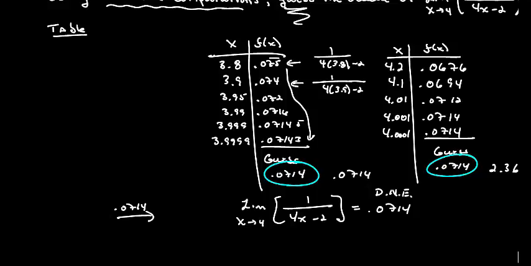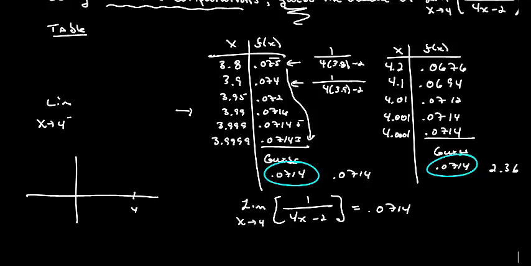Okay, but since we come in from both sides, let me give you a little notation because this is important. This guy right here is the limit as x approaches 4 from the left. What we mean is that on the x-axis, if here's 4, we're coming in from the left side, and we put a little negative up top.